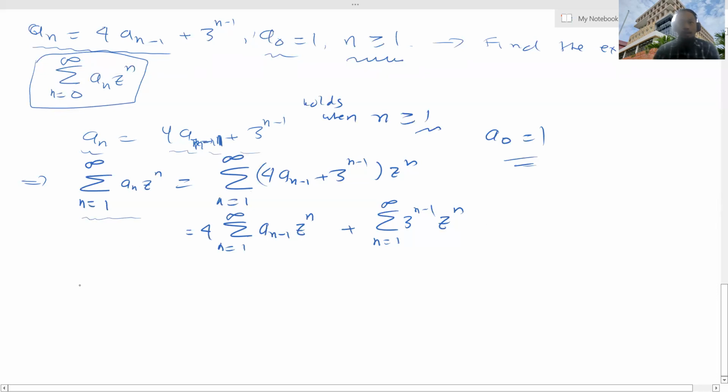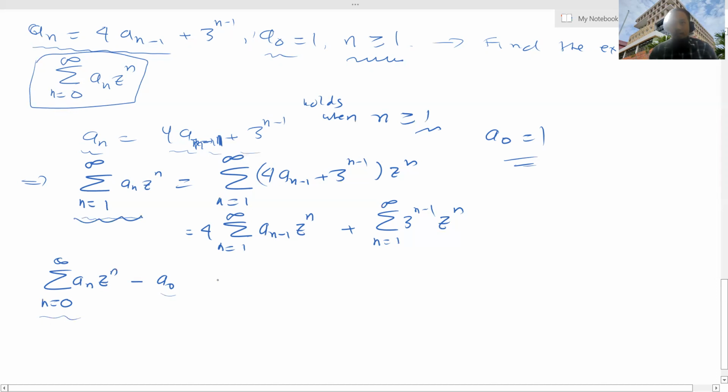The left hand side is actually the same as the sum from 0 to infinity a_n z to the power of n, minus a_0. The whole thing is the same as this, and you take out the a_0.